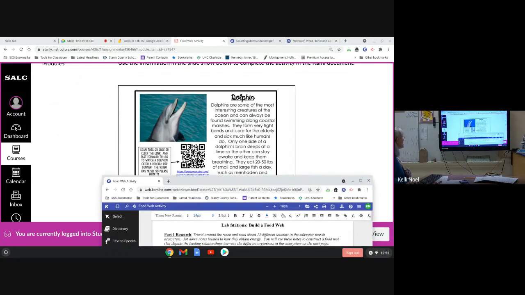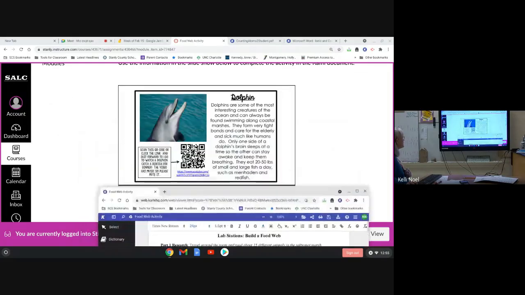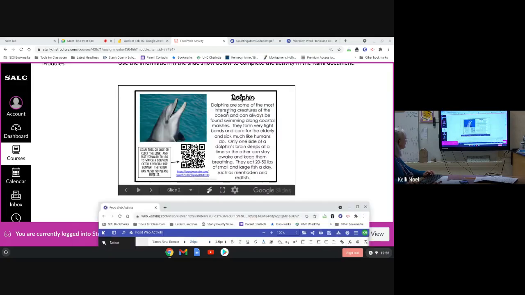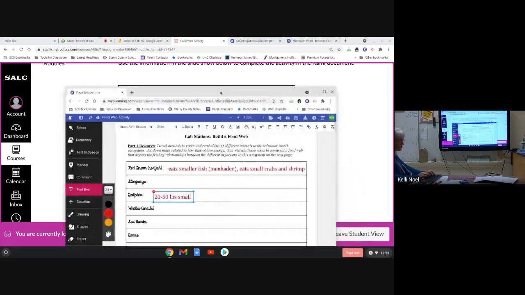So I can put here, eats 20 to 50 pounds of small and large fish a day. And notice that menhaden came again, and that red fish.